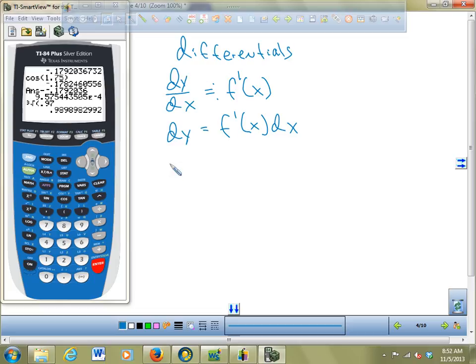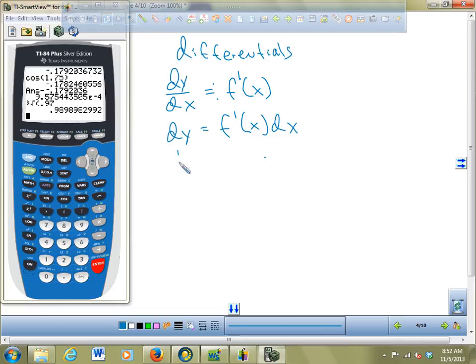Or sometimes they'll write, this is an equivalent statement, df is equal to the derivative of f times dx. In any case, I'm gonna erase this because that's kind of confusing.